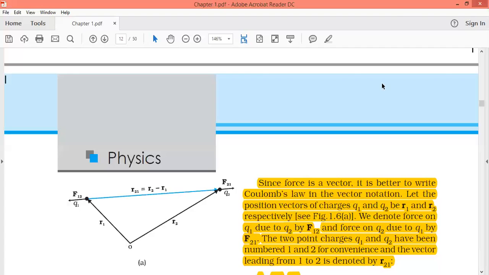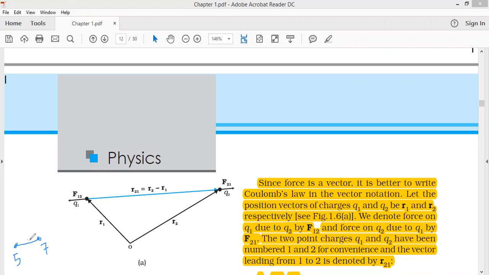Say for example, if you want to find the distance between 5 and 7, that means 7 minus 5. 7 minus 5 will give you the distance between these two.